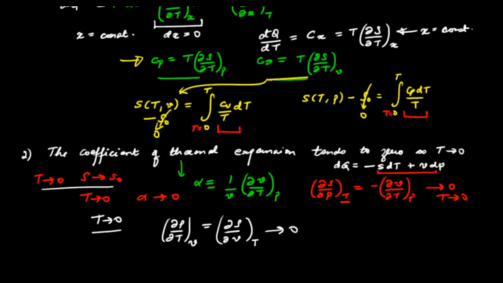Therefore, del P by del T at constant V will also tend to 0. So these are the simple consequences of the third law of thermodynamics.